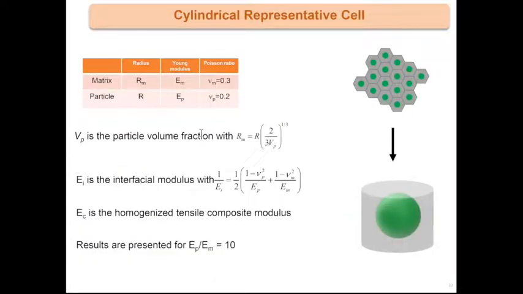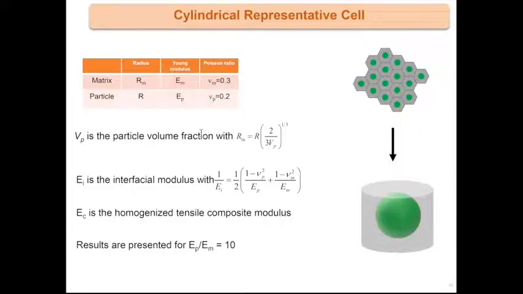First, we have to decide what kind of representative volume element we will deal with. For simplicity, we assume a perfect distribution, let's say a hexagonal distribution of the particles, and we replace the hexagon by a cylinder. So we can use axisymmetric simulations.